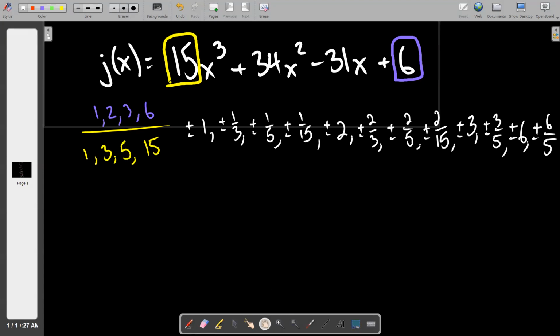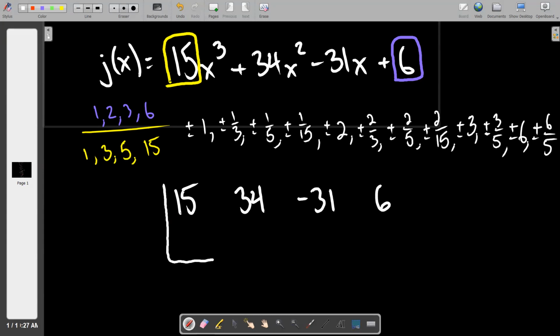So here we go. Let's synthetically pop it in, practice one more time, and then it's your turn. So we have 15, 34, negative 31, positive 6, upside down division symbol, and 2/5 is our guy. Let's do this. All right. What is 2/5 of 15? It is 6. What's 35 plus 6?